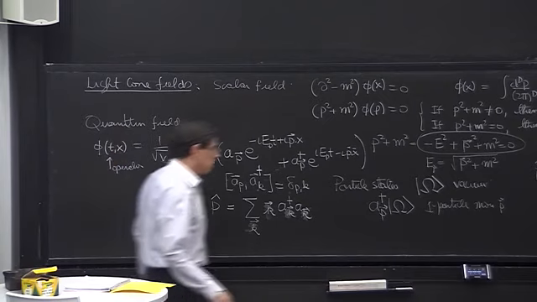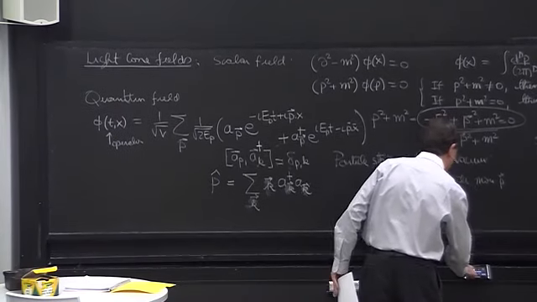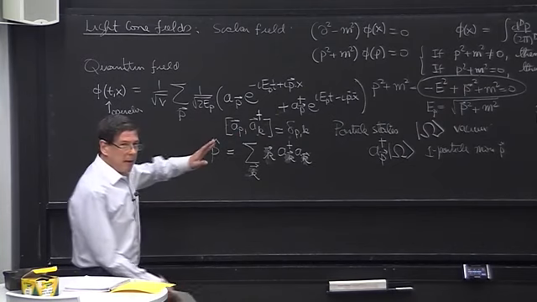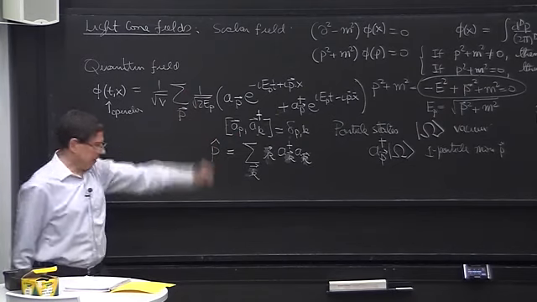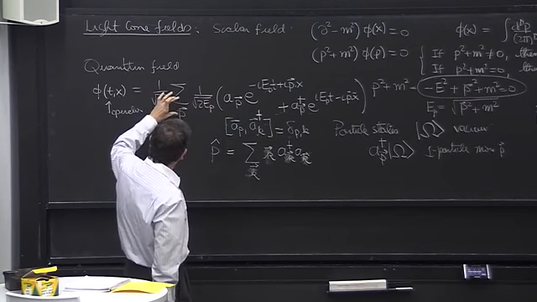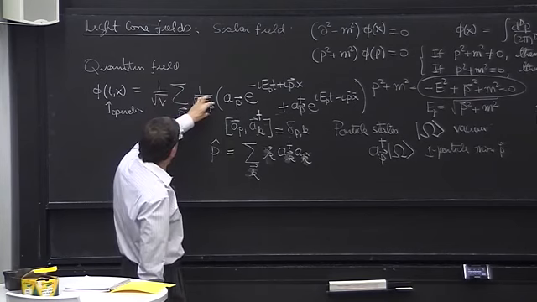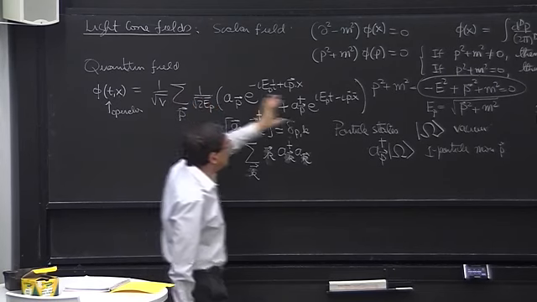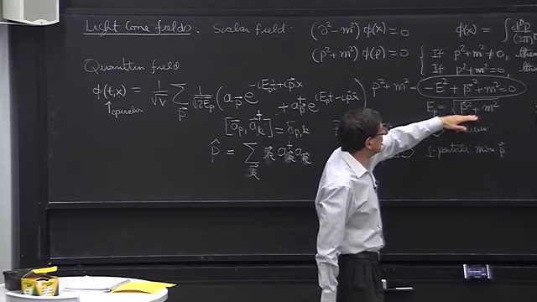In the light cone gauge, which is where we're heading to, we change one little thing. Here, all the labeling is done with the spatial momenta, and the energy associated to that spatial momentum is fixed by the on-shell condition.